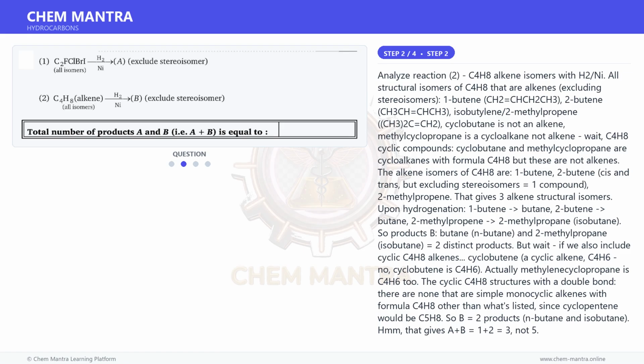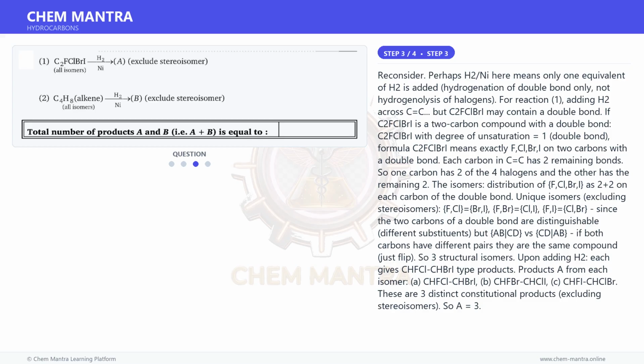There are no simple monocyclic alkenes with formula C4H8 other than what's listed, since cyclopentene would be C5H8. So B is equal to 2 products, n-butane and isobutane. That gives A plus B equal to 1 plus 2 equals 3, not 5. Moving on to the next step.